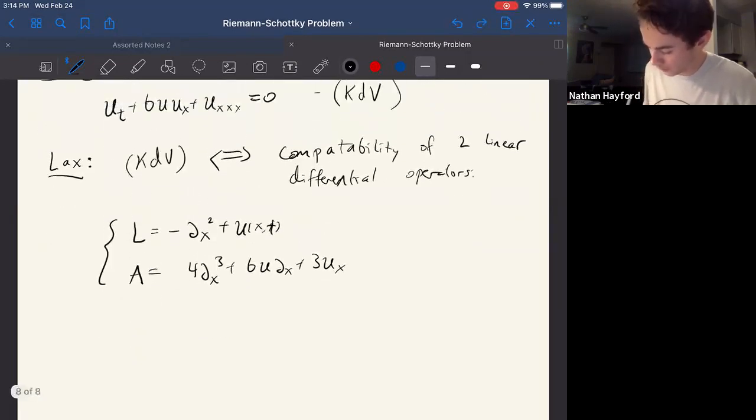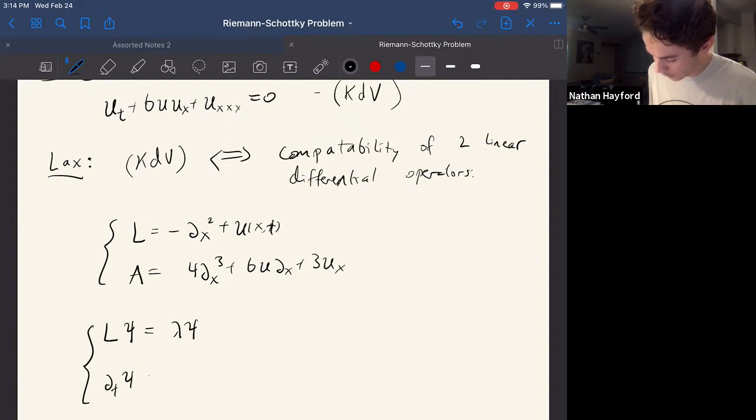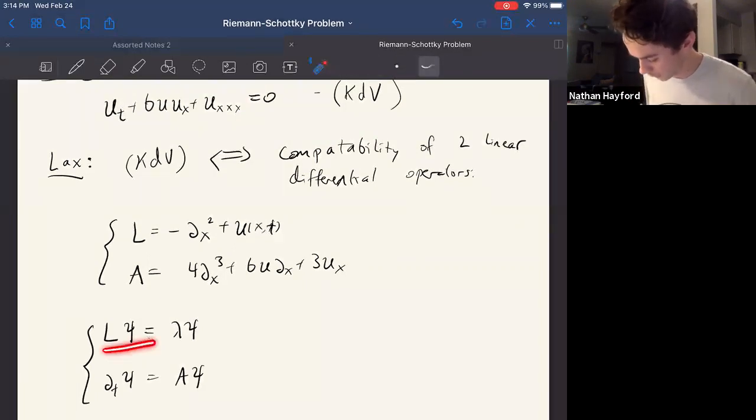So these two linear operators give the corresponding linear system, L psi equals lambda psi, and dt psi equals A psi. It's a pair of linear equations. Notice that the first equation is a linear equation, the standard Sturm-Liouville problem.